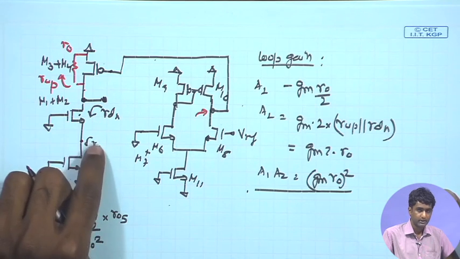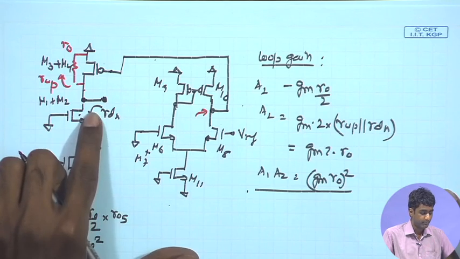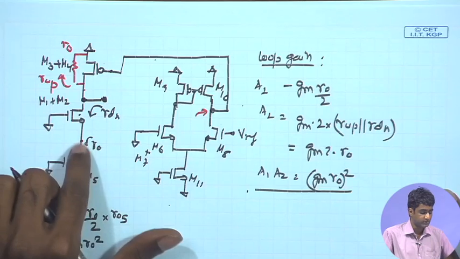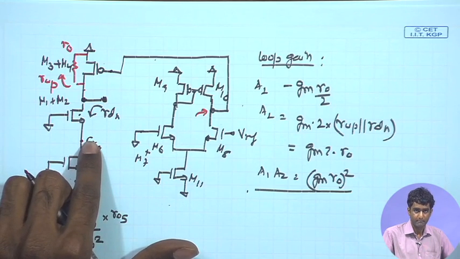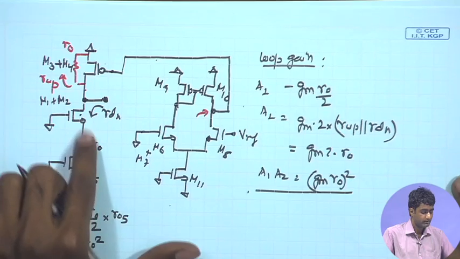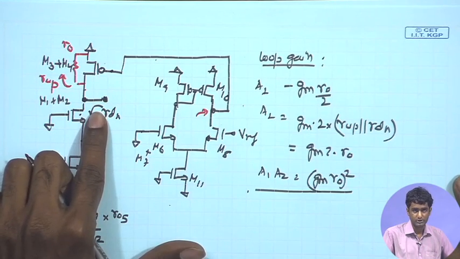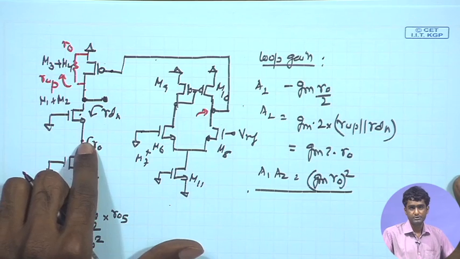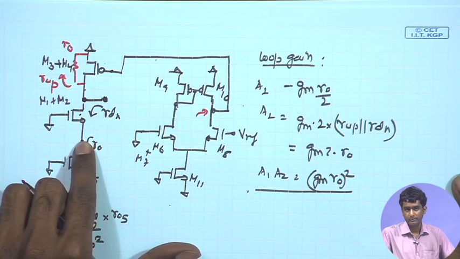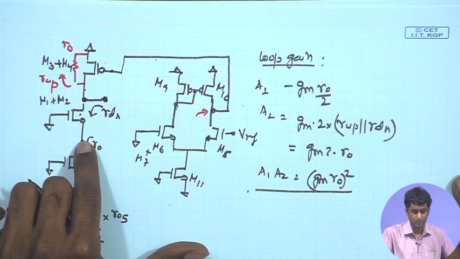Now, the impedance looking upward into the source of this combined transistor M1 plus M2 with a single PMOS active load is going to be of the order of 2 upon gm. So, it is of the order of 1 upon gm, and therefore, the impedance looking upward into the source of this NMOS is significantly smaller. As a result, this pole, the RC time constant is going to be small. As a result, the pole frequency is going to be pretty high. So, we did not worry about this particular node.